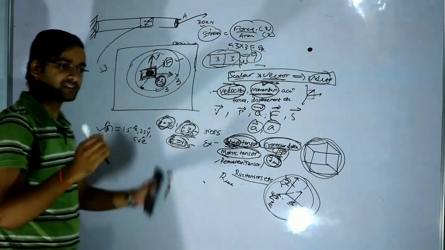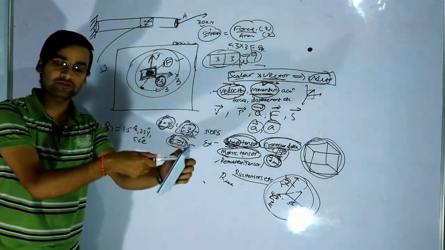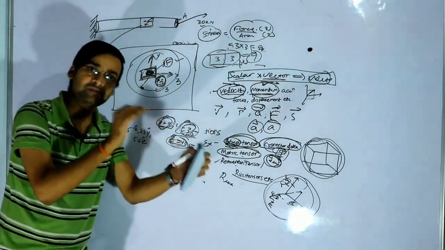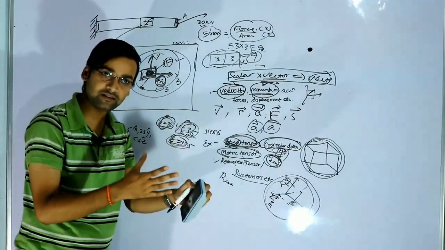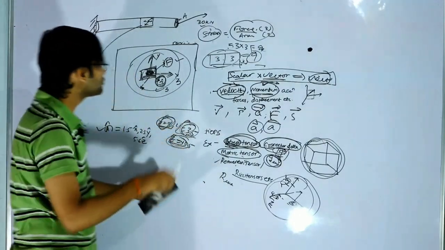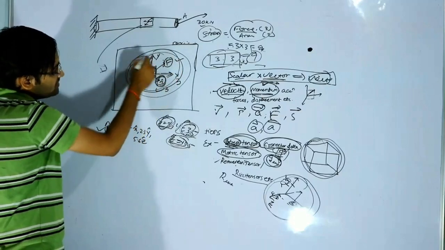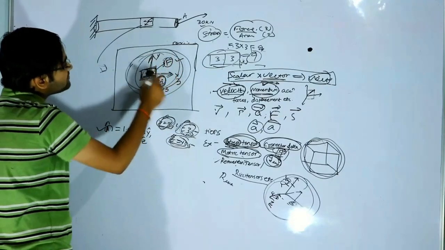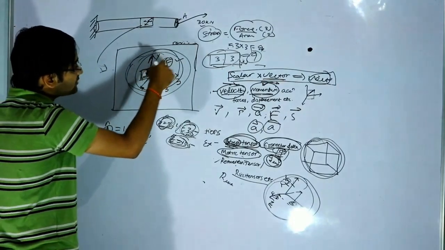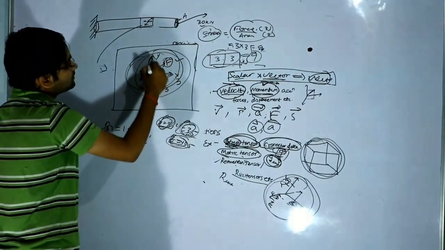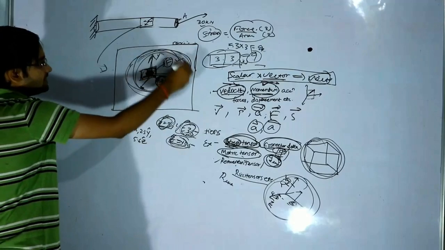Suppose there is a beam and I am applying a force at any point, the stress should be constant. Is it dependent on the rotation of the plane, rotation of the axis? No. So the total tensor remains constant, and the tensor itself adjusts its components to keep the total thing constant.